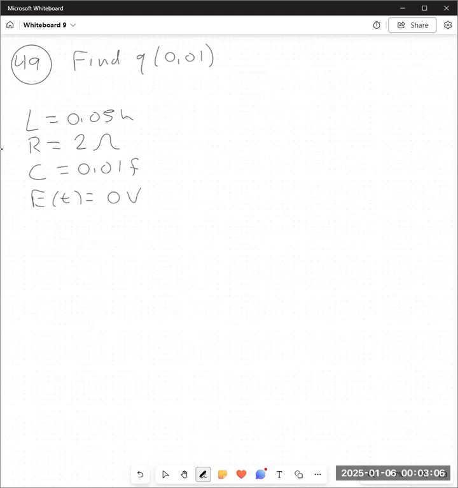So this is going to be homogeneous. Q of 0 is equal to 5 coulombs for our initial charge, and i of 0, our initial current, is equal to 0 amps. And so we have an equation that looks like this.